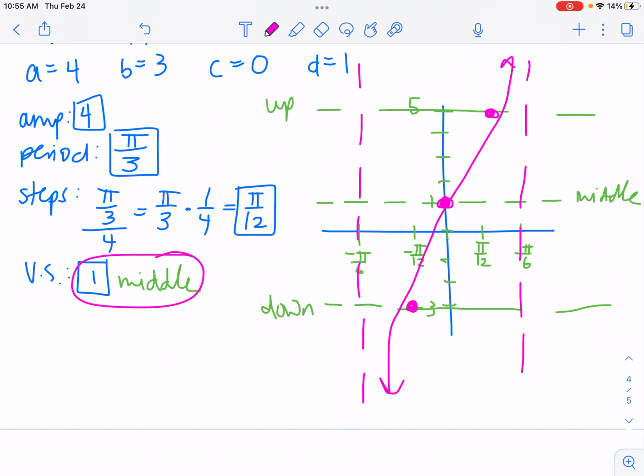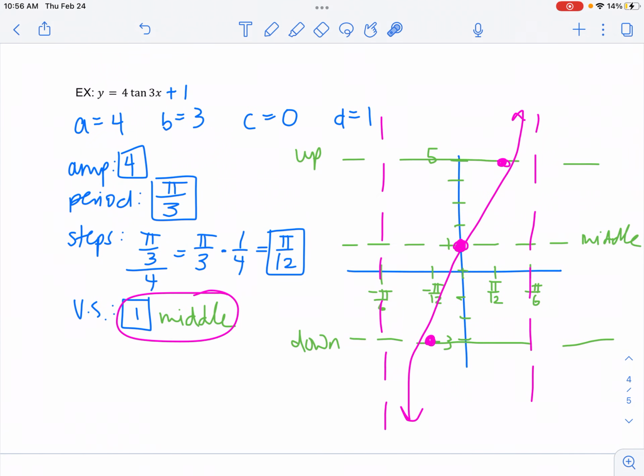It just changed where that middle point was, but the placement of everything is still the same, right? So to the right, you still go up, and then another point to the right, asymptote. Middle, go to the left, it's going to be down, over another asymptote. Okay, and that's how we graph our tangent graph.